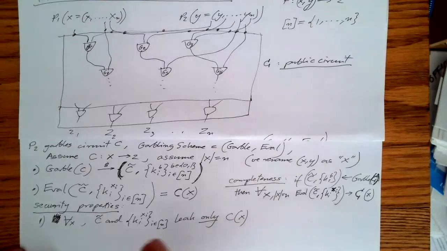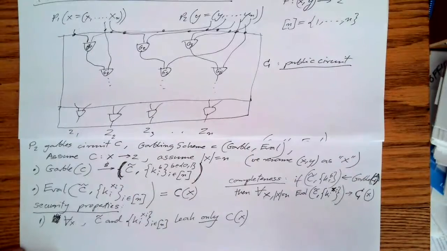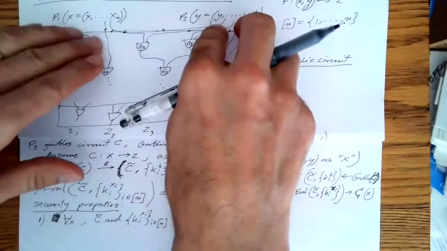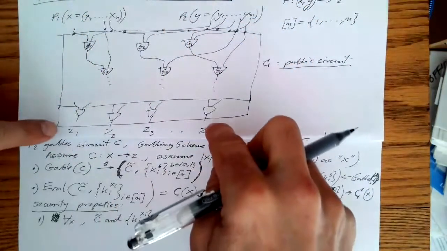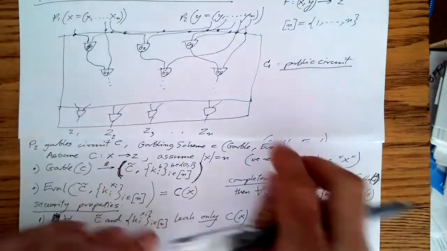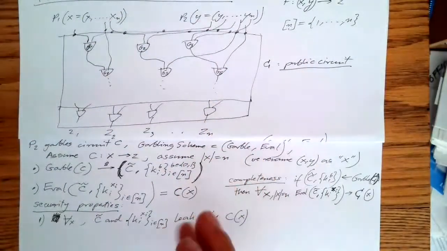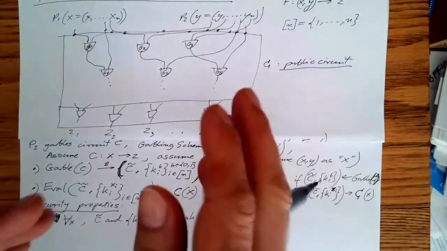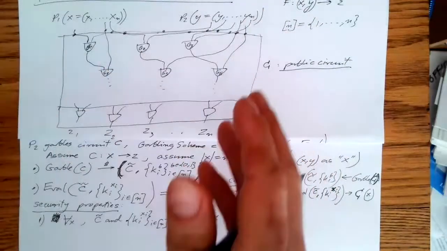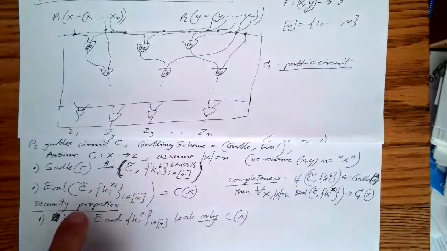Look, the adversary knows C, so he can compute C on arbitrary inputs. The question here is that there are some particular inputs of P1 and P2, and those we want to protect. We were asking, what is this whole computation going to reveal about that particular input? Let's rename that whole input string X. One of these parties, let's say P2, will create this garbling, and the garbled circuit will be known to both.